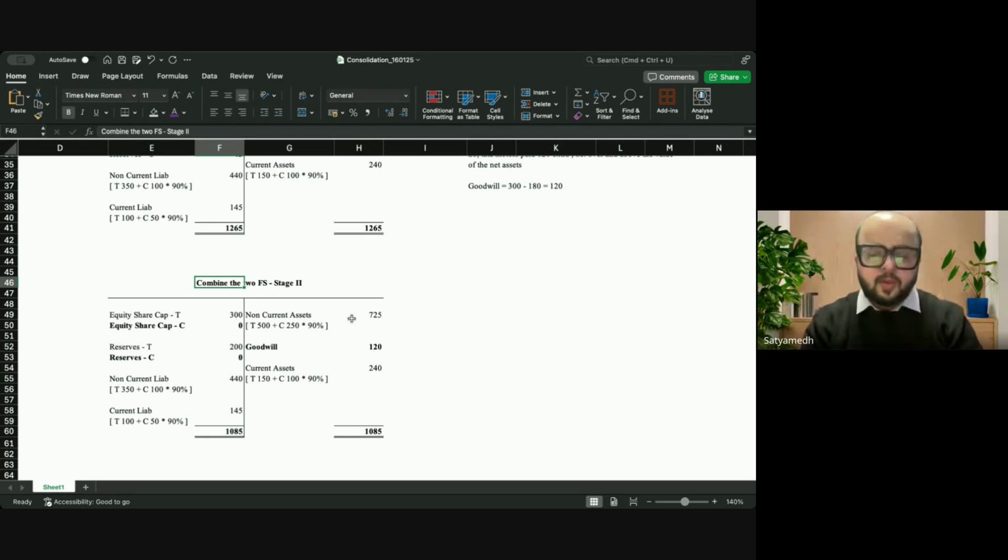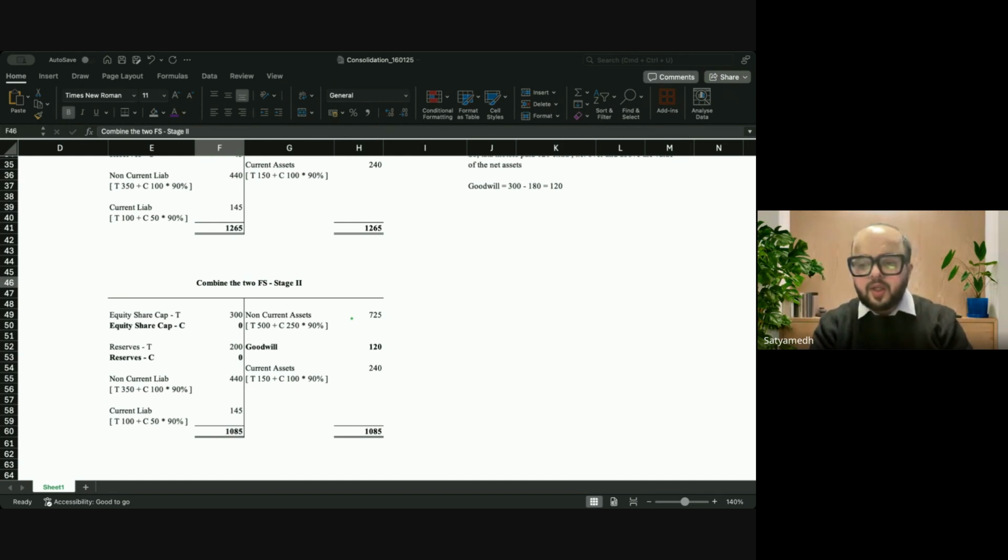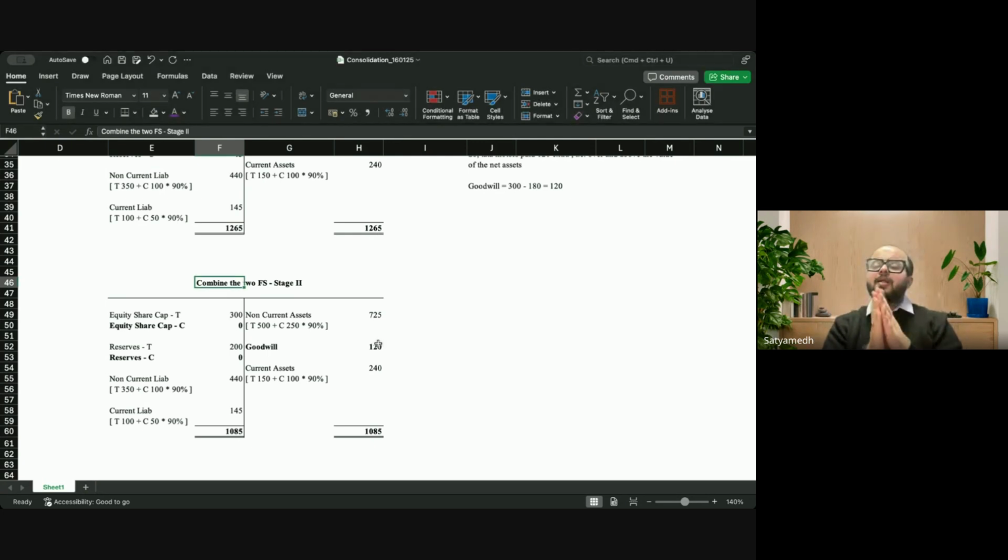However smart the other person is, there is going to be a clerical error in this process. So how do you overcome the clerical error? Please try to understand. Ideally you should do this 90% only. You should do proportionate consolidation, but our accounting standards say don't do it. Ind AS, IFRS, regular accounting standards, they don't allow you to do this.